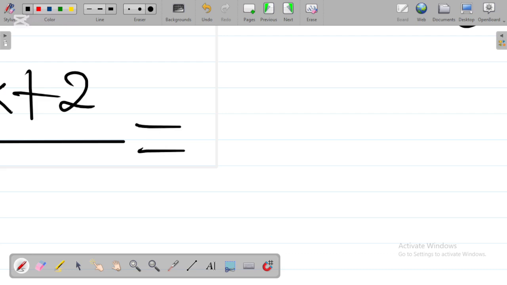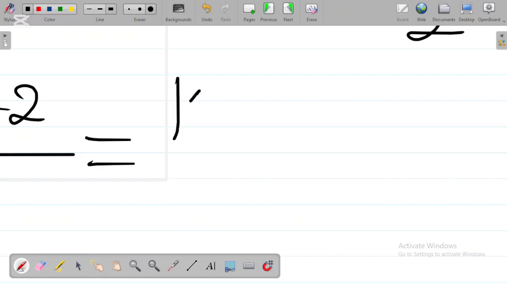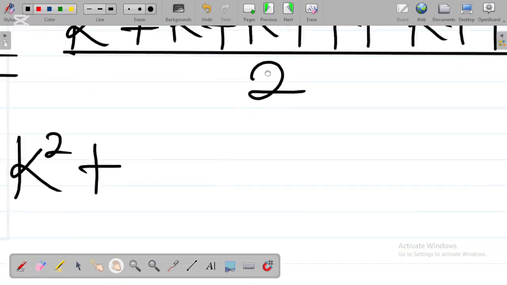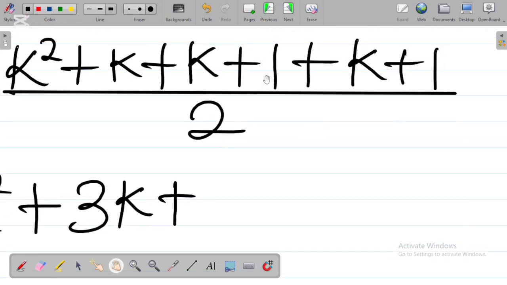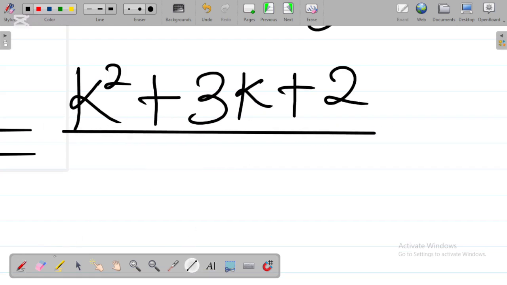On the right we have k raised to the power 2 plus k plus k plus k is 3k, plus 1 plus 1 is 2, all divided by 2.